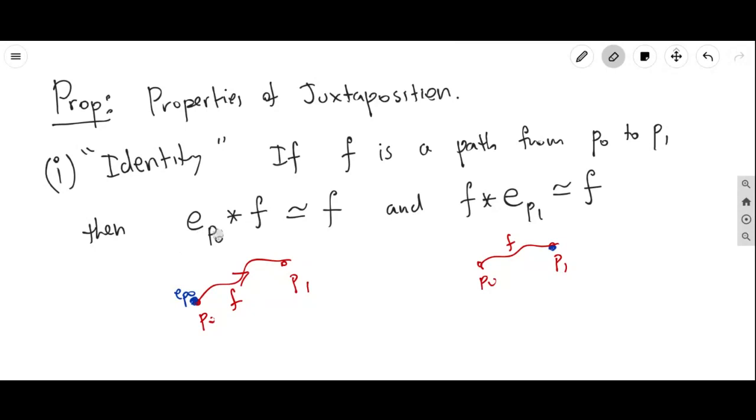Now, as you can see, when you do juxtaposition, you do get a different path. However, if you treat things that are homotopic as the same, if you identify them as being the same, then you are getting the same answer. So up to homotopy, you're getting the same answer. So it somewhat plays a role of an identity element.